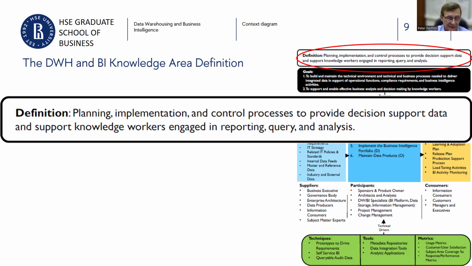So the concept, as I said, emerged in the 80s. And it was a response to the needs of companies and organizations for data integration. So remember, data integration and interoperability is critical for data warehousing.